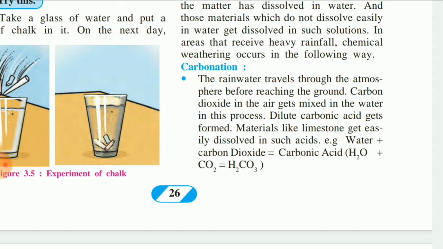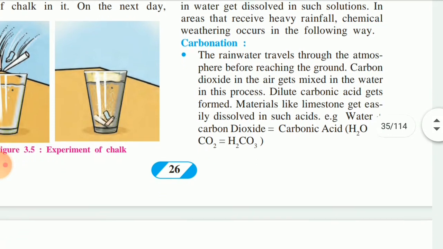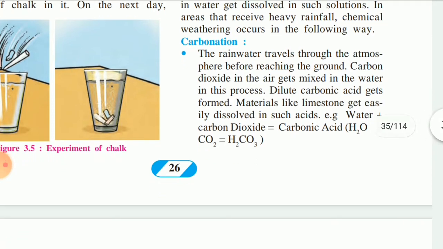In areas that receive heavy rainfall, chemical weathering occurs in the following ways.